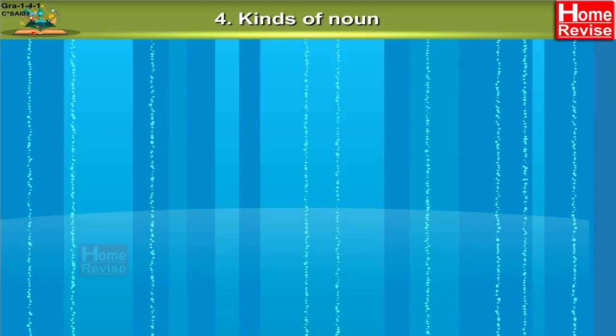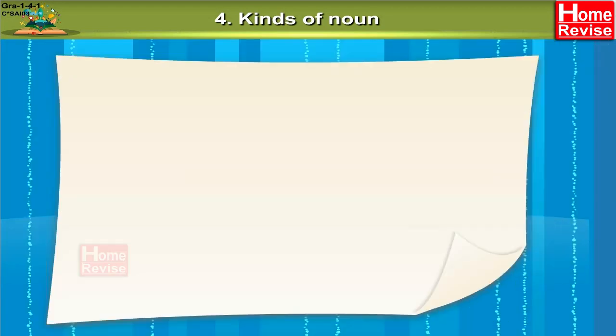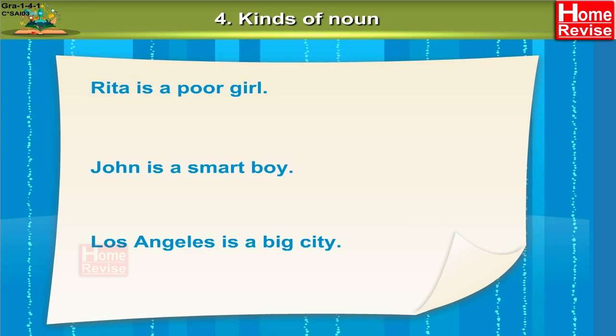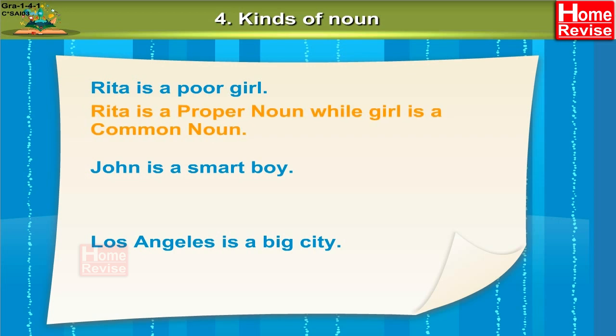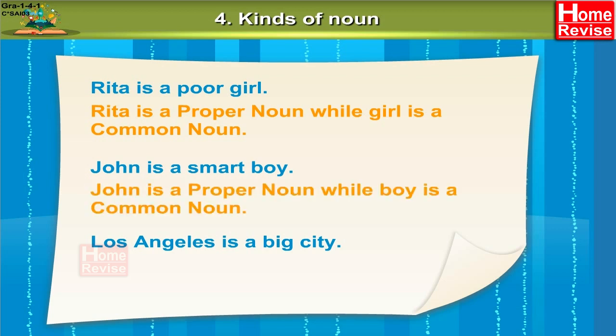Now, look at this example once again. By learning the definition, we can say in this sentence, Rita is a proper noun, while girl is a common noun. John is a proper noun, while boy is a common noun.